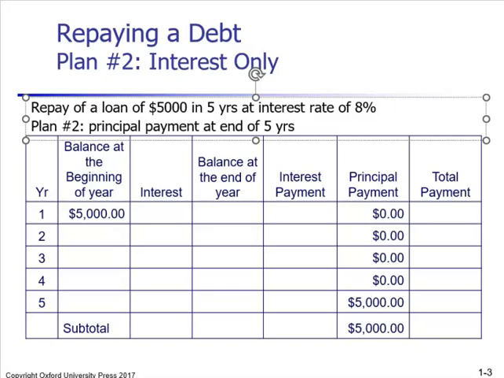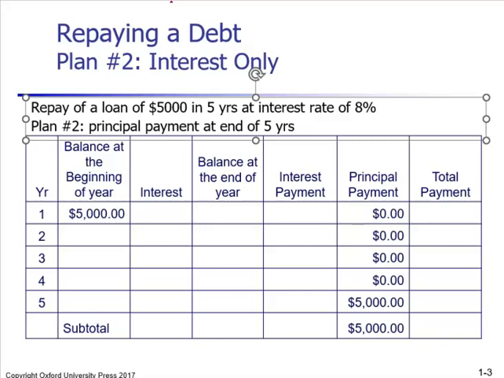Okay, so here we have the same case. The customer, for example, is the same, and we are just offering them different plans. Repay of the loan $5,000 in 5 years, interest rate 8%, exactly the same as the previous case.